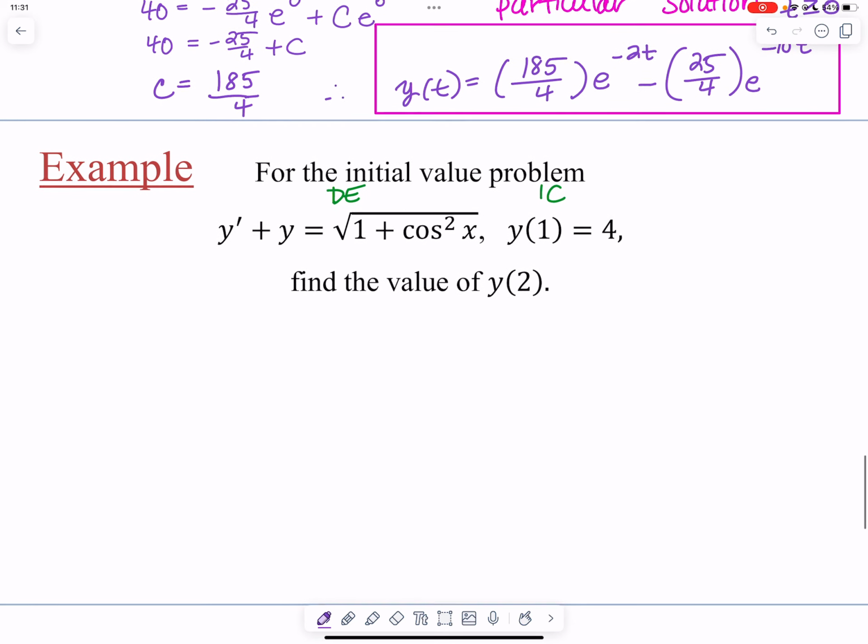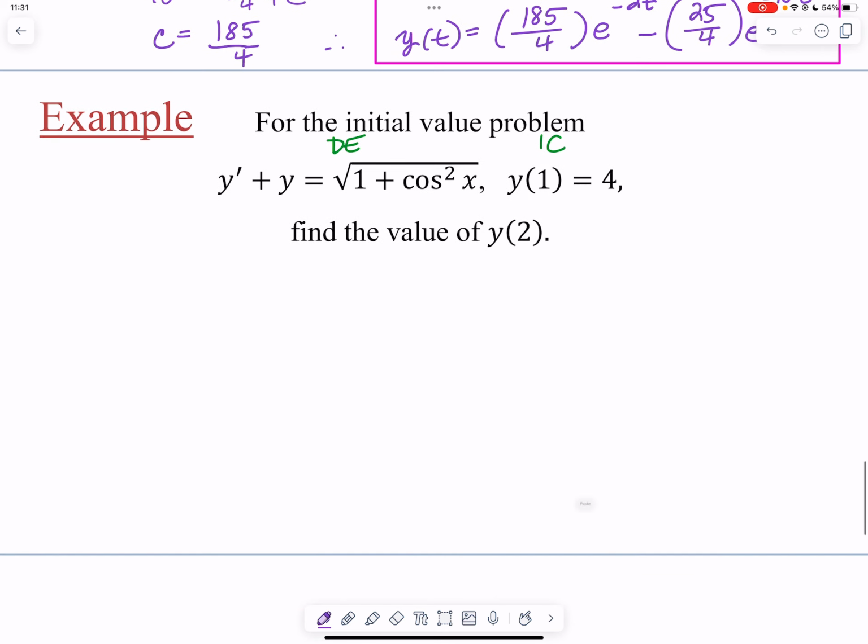So we will proceed and see that we are already in standard form. So this is the standard form of a linear DE. We are already in standard form. And as you can see, P of x is equal to 1.